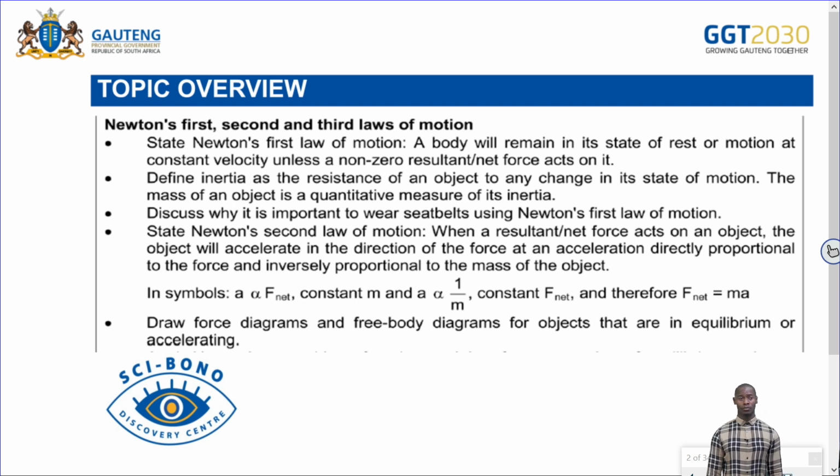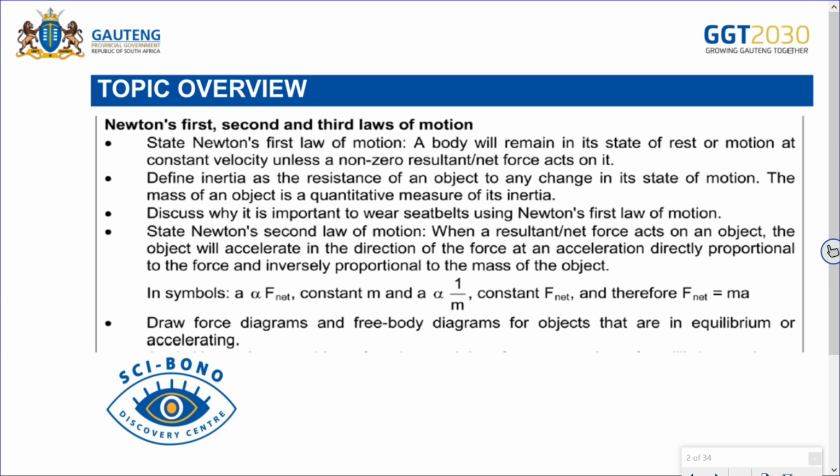When it comes to Newton's laws, one, you must be able to state Newton's first law of motion in words, which is defined as: a body will remain in its state of rest or motion at a constant velocity unless a non-zero resultant force or net force acts on it.